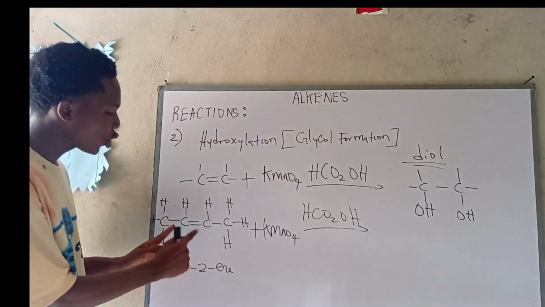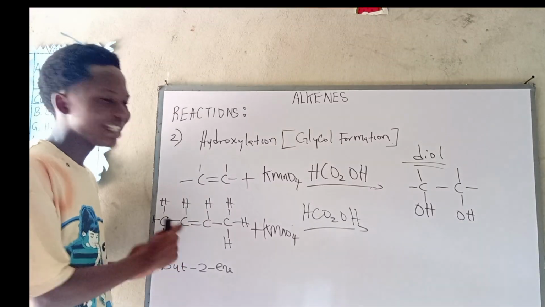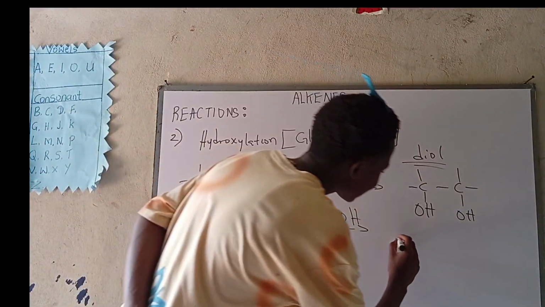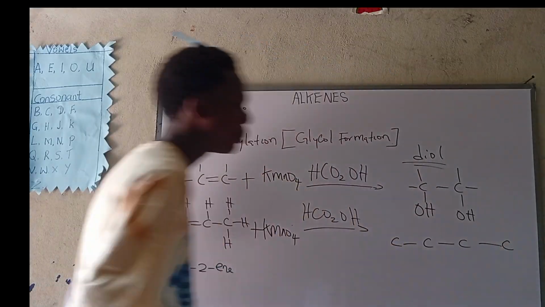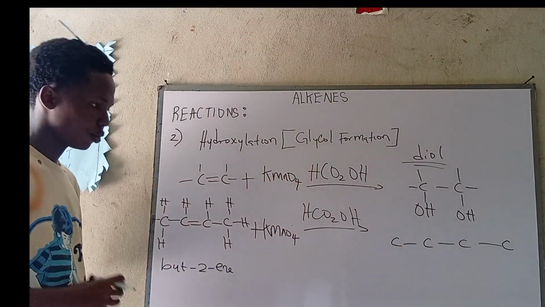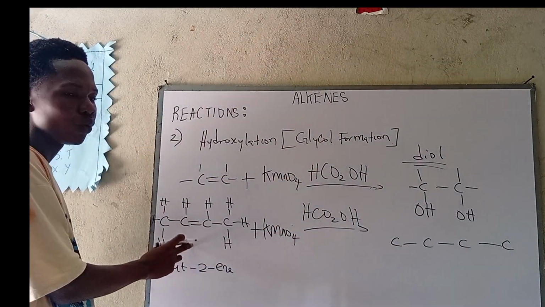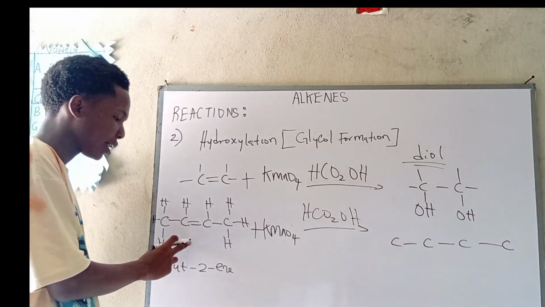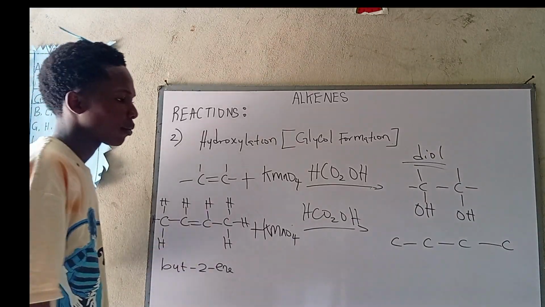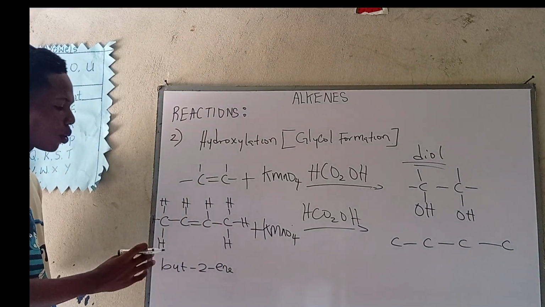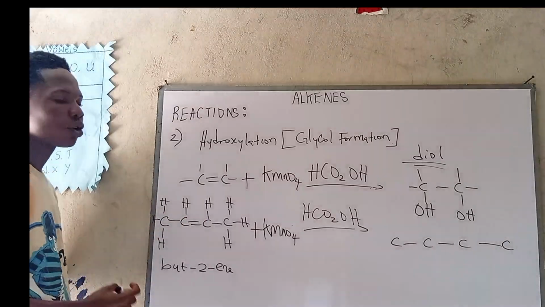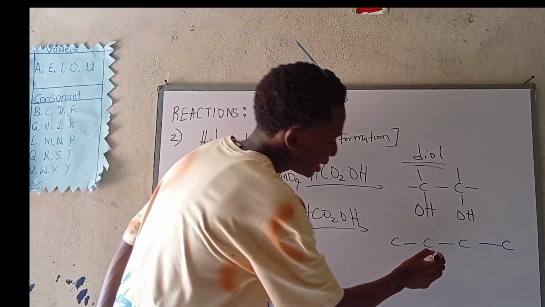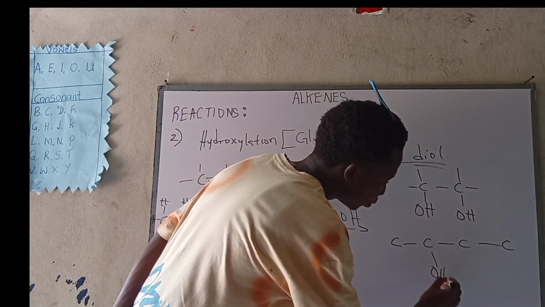Remember, the position of the double bond is priority. First of all, we bring out our four carbons. Obviously, the double bond will vanish and become a single bond. The second and third carbons are the ones that had the double bond, so this is where our diol will be placed.